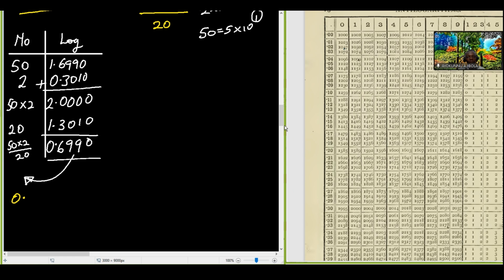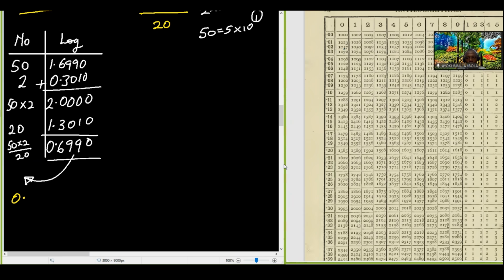Now, for this anti-logarithm, you will discover that at the beginning of the first tiny column, all of them have points. And that is the essence of the point that I put here. Then the next thing that we want to do is go for 69.